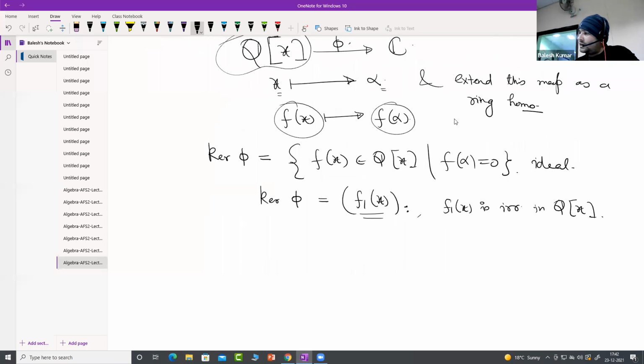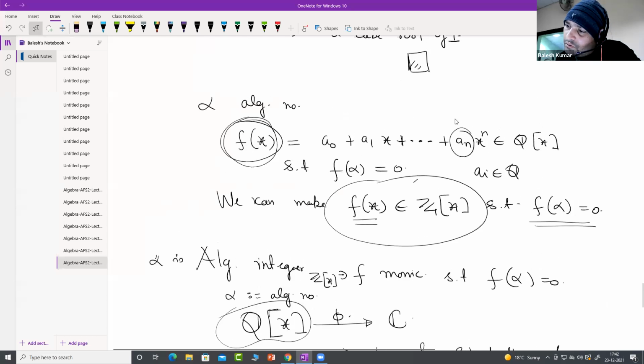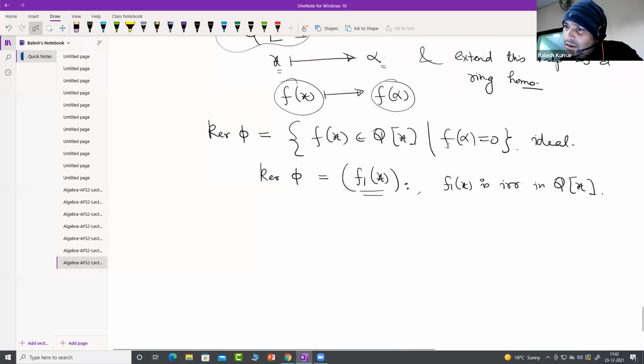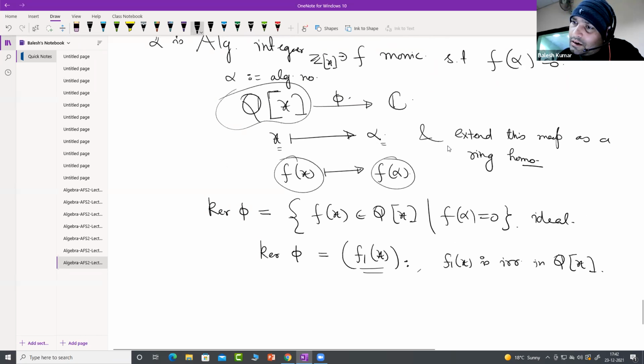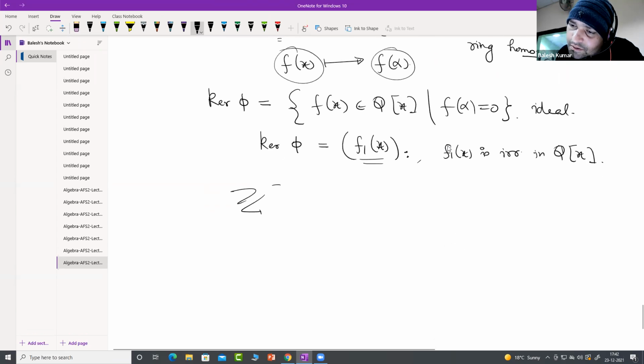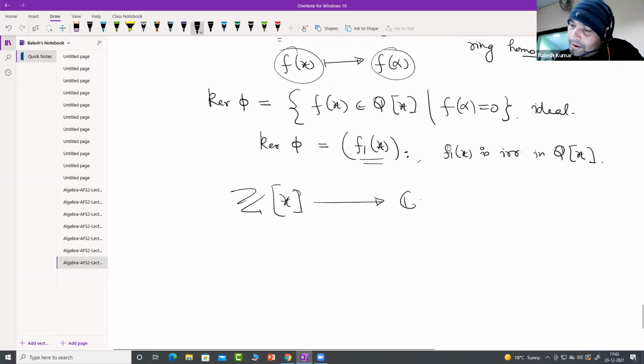And what I would like to say is that this alpha is also a root of a polynomial with integer coefficients, right? So if I restrict this phi to Z of x, mapping to C, and of course this alpha is an algebraic number here, then again f of x goes to f of alpha.